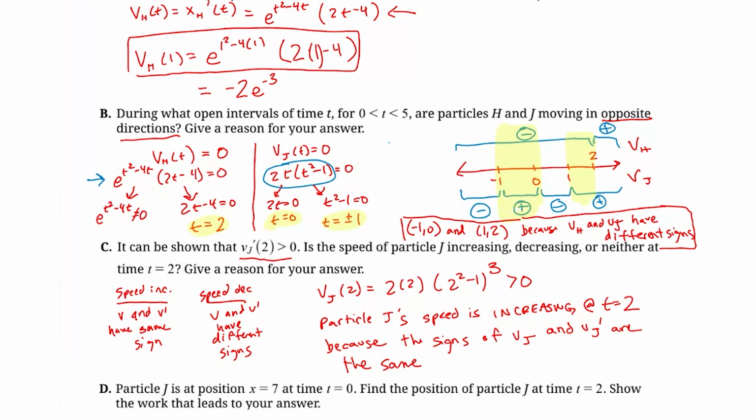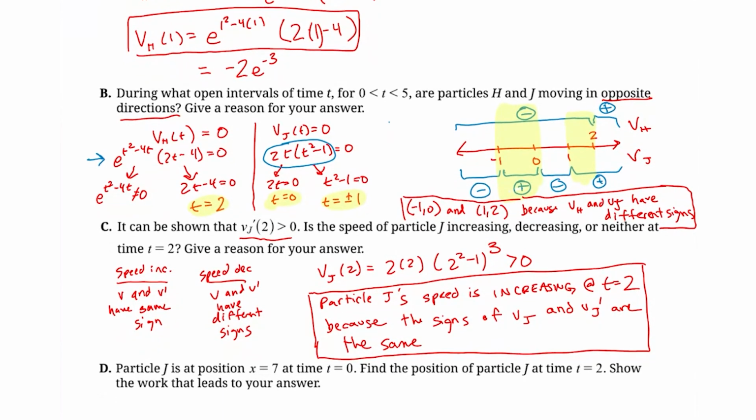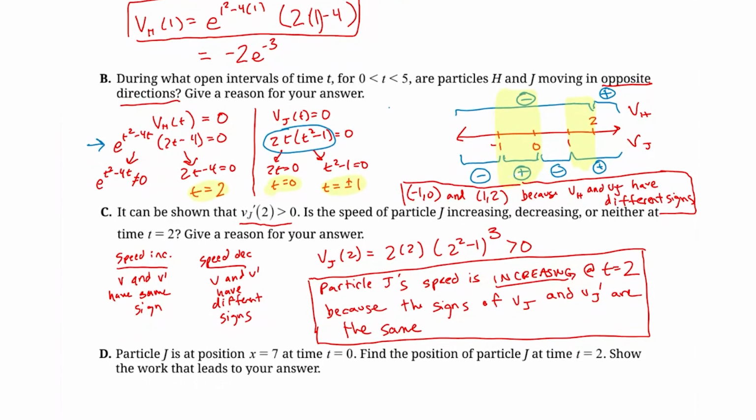Because they could both be positive or they could both be negative. In this case, they're both positive, but it doesn't really matter. In either case, it'd be increasing. And so we're just going to say because the signs are the same. So yeah, the answer here is increasing.